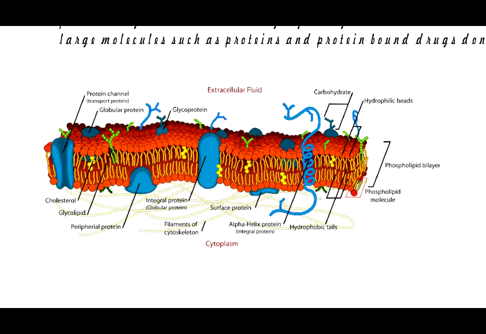It consists of pores and protein channels through which ions can pass, and carbohydrates attached to the lipid molecules are called glycolipids, and a few carbohydrates can be bound to proteins, called glycoproteins. So this acts as a barrier to many drugs.